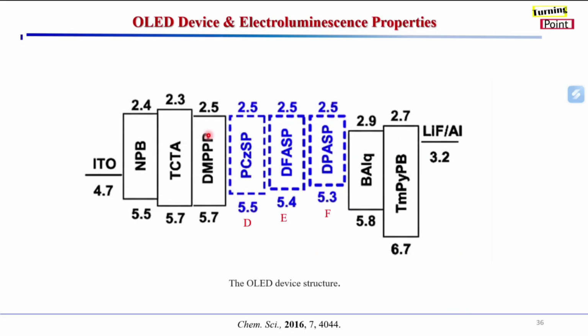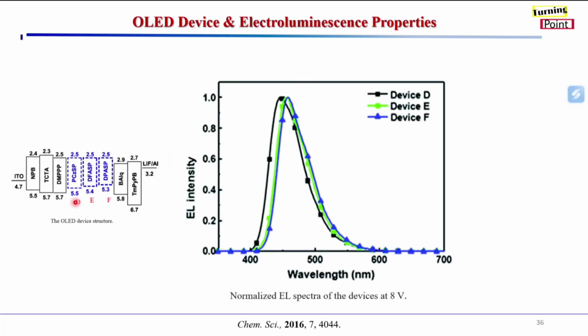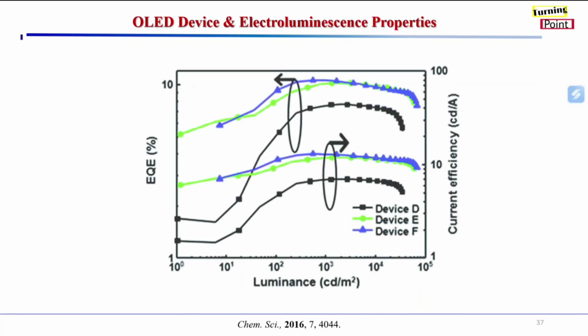Therefore, they made a non-doped OLED device where they used these three molecules as emitters, and for device D, where they use the PCZSP molecule, they got deep blue emission compared to the other two devices, which are generally slightly red shifted. For device F, they got the highest external quantum efficiency compared to the other two devices.